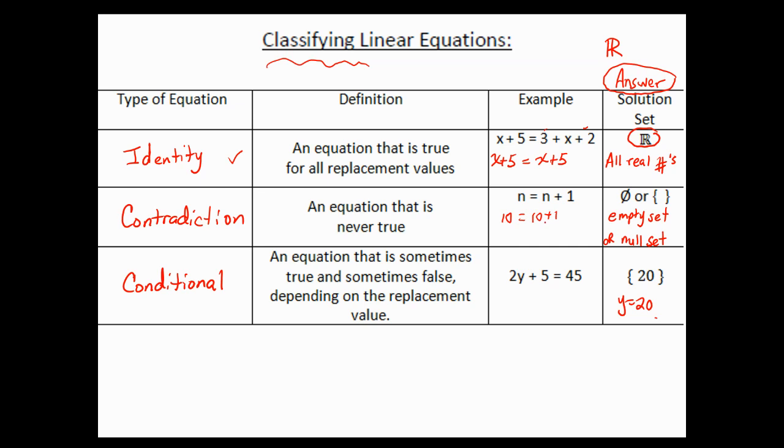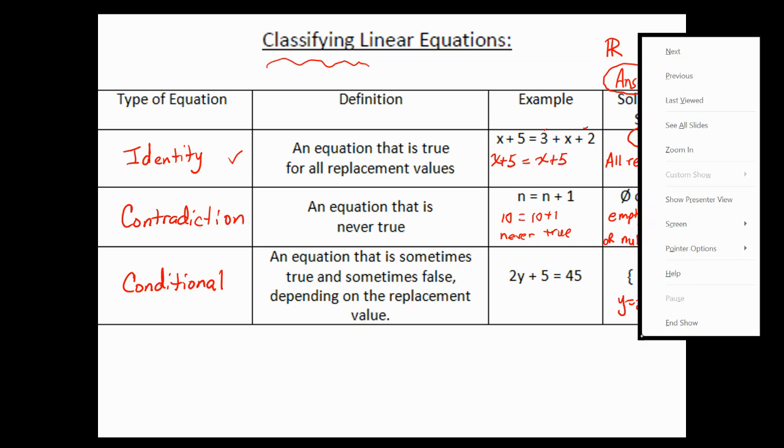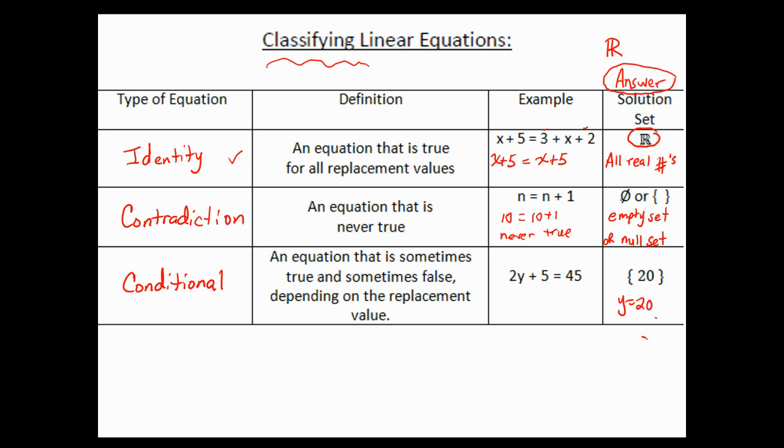That's never true, right? And so that's why this is a contradiction. It contradicts itself. And the answer is one of these symbols, either this symbol or this symbol. I don't care which one it is. Or you can write the word out, empty set or null set.